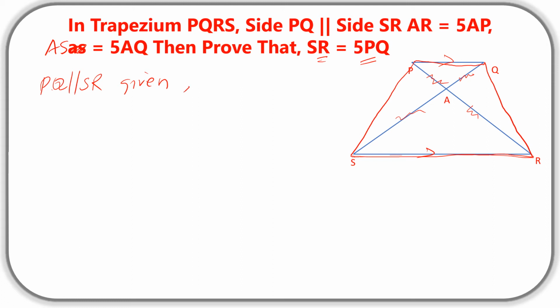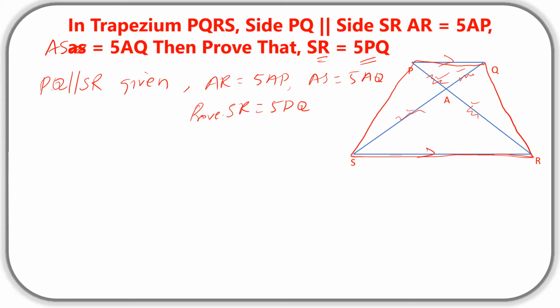It is also given that AR is equal to 5AP, AS is equal to 5AQ. We are asked to prove that SR is equal to 5PQ. This we have to prove. If you consider the triangles, there are two triangles. See this part, this part, this part, this part. They belong to two different triangles.